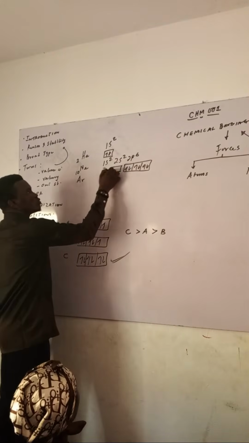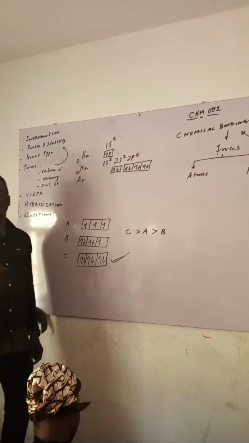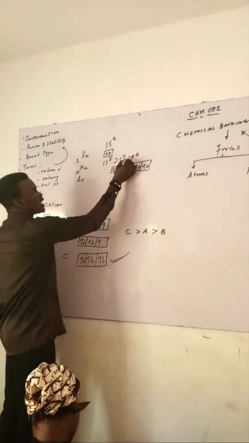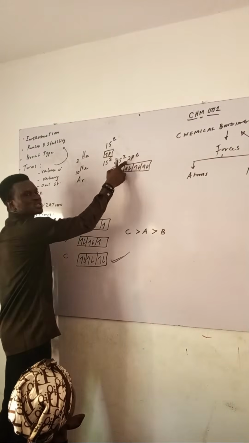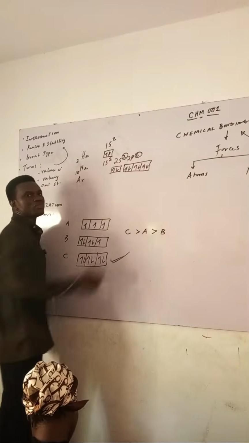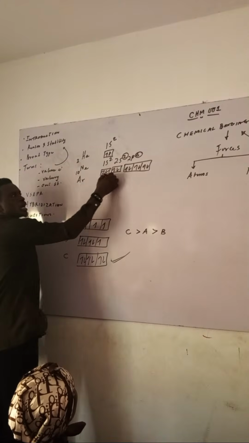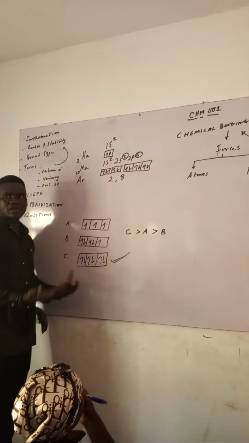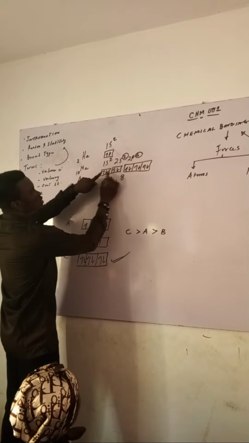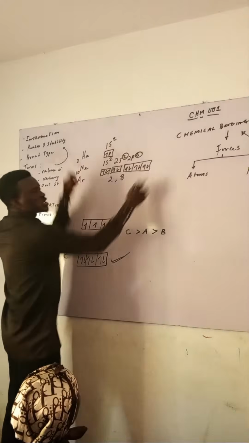Now, when we did atomic structure, I told you about the quantum numbers. Whenever the principal quantum number is the same, you add these two together. So if you look at this, I can still write the configuration for neon as 2,8. Do you agree? Now, looking at all of this shell, everything is completely filled.